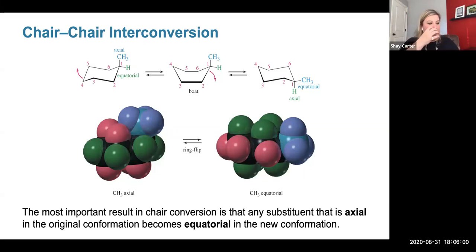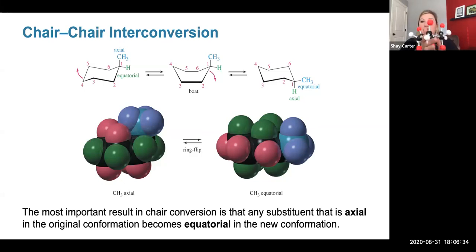So remember that the most important result in the chair conversion is that any substituent that is axial in the original conformation becomes equatorial in the new conformation. Okay, so let's look here at this example. This example uses a methyl group here. This methyl group, before we do the ring flip, is in the axial position. But when we do our ring flip, it's in the equatorial position. The equatorial is great for large groups.